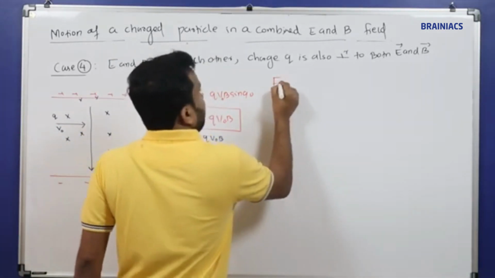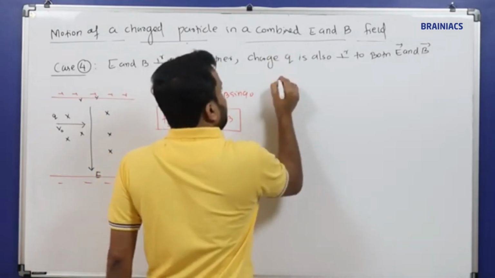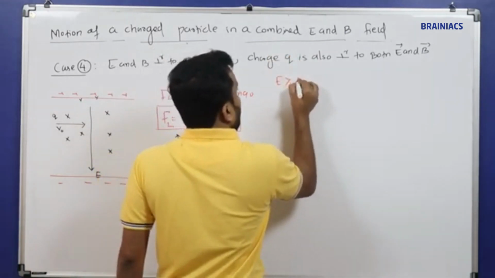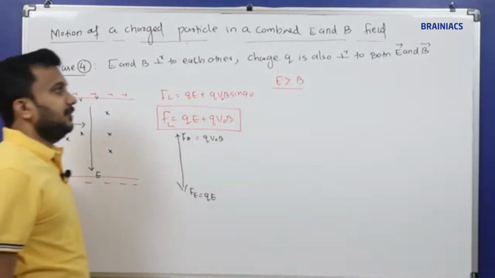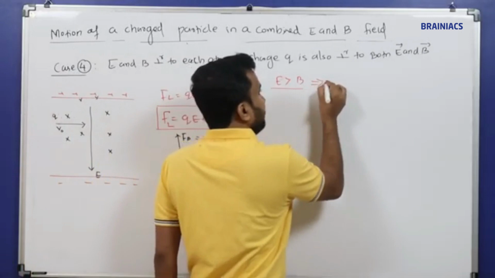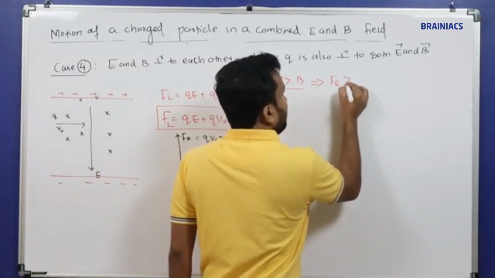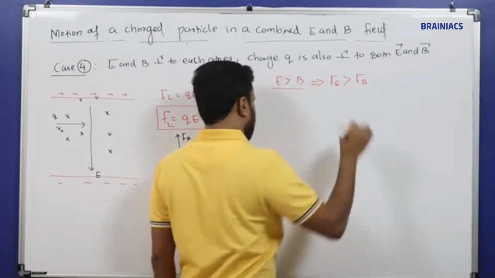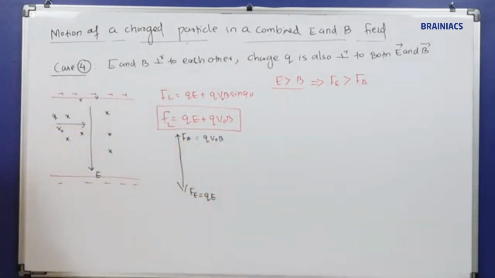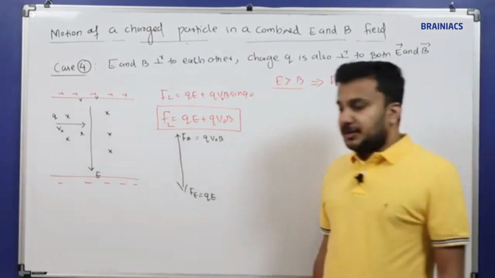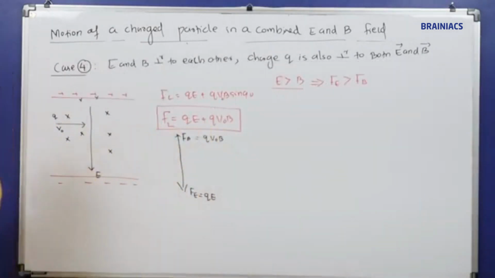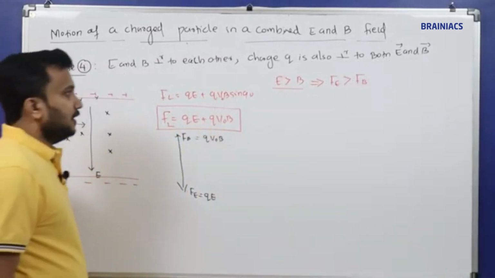For example, I can say the electric field is stronger than the magnetic field. If the electric field is stronger than the magnetic field, it implies electrical force is greater than magnetic force. What will happen?